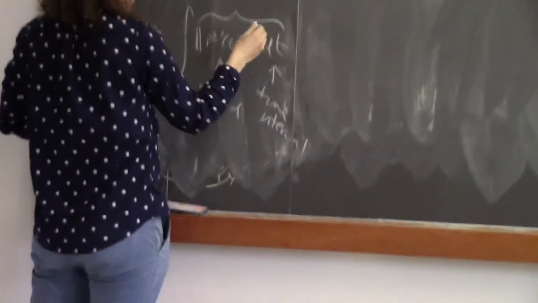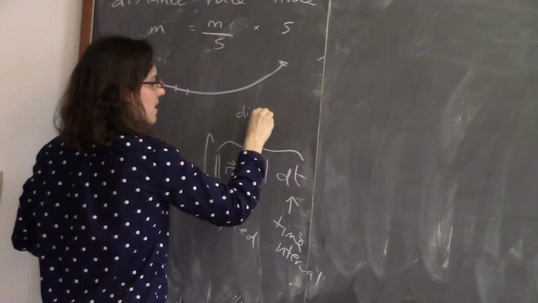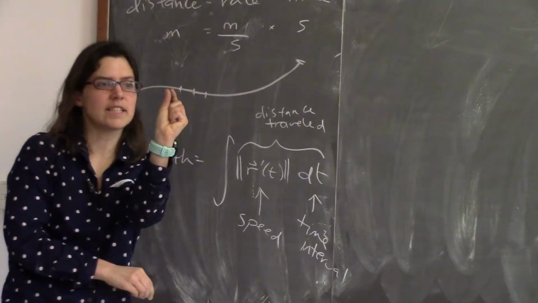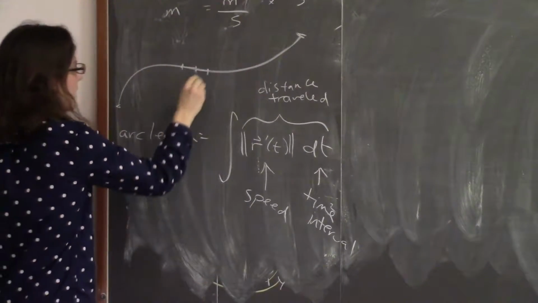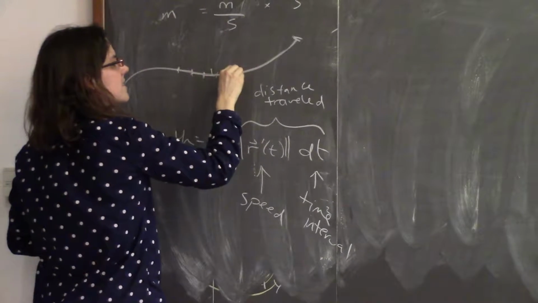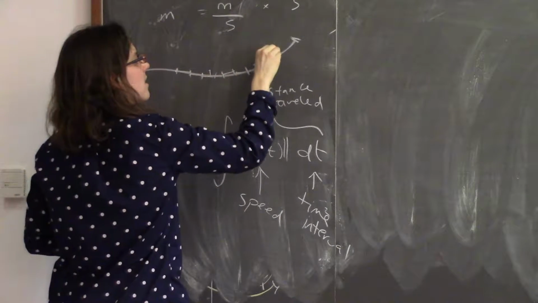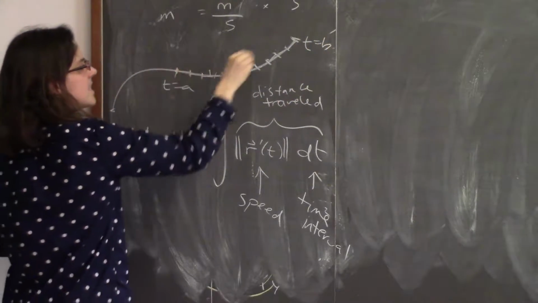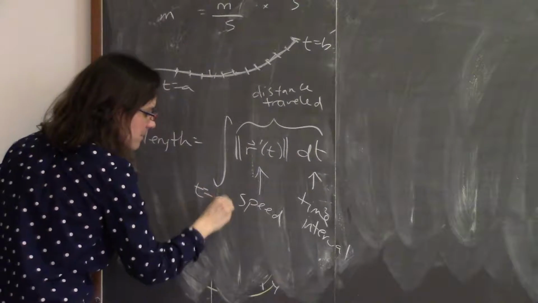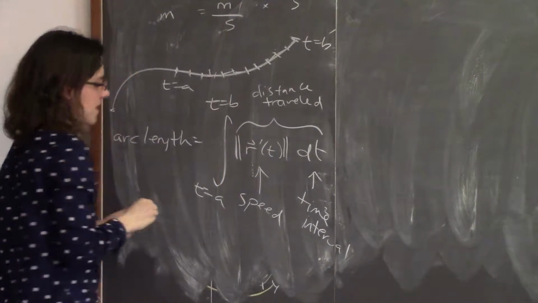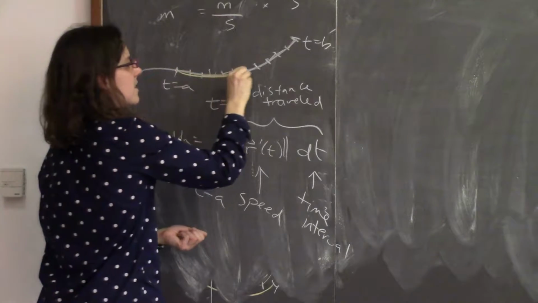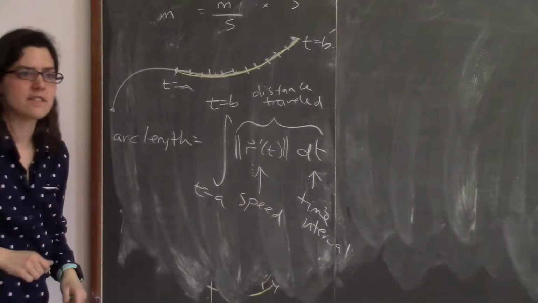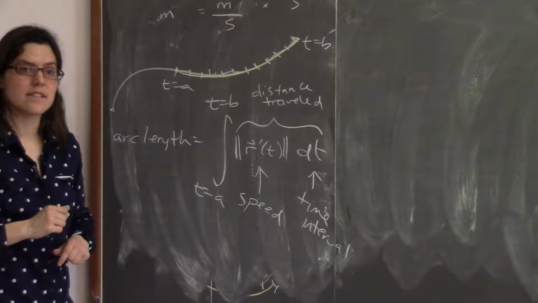So this whole thing is a little distance traveled, distance traveled in a tiny little time interval. So we would add up all the little distances traveled in these tiny little time intervals, maybe from t equals a here to t equals b there. So we would add them up from t equals a to t equals b, and that would give us the entire length of this curve. So we're adding up the little tiny distances to get the whole distance that we traveled. That's the idea.